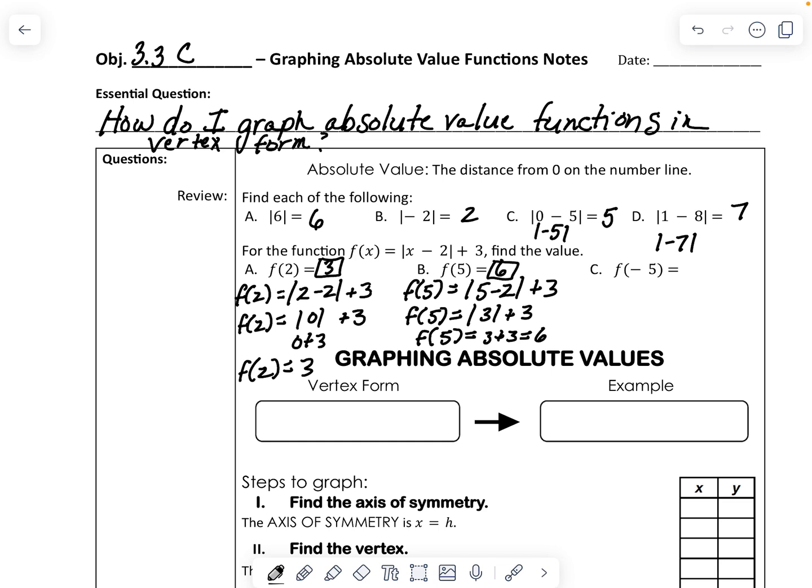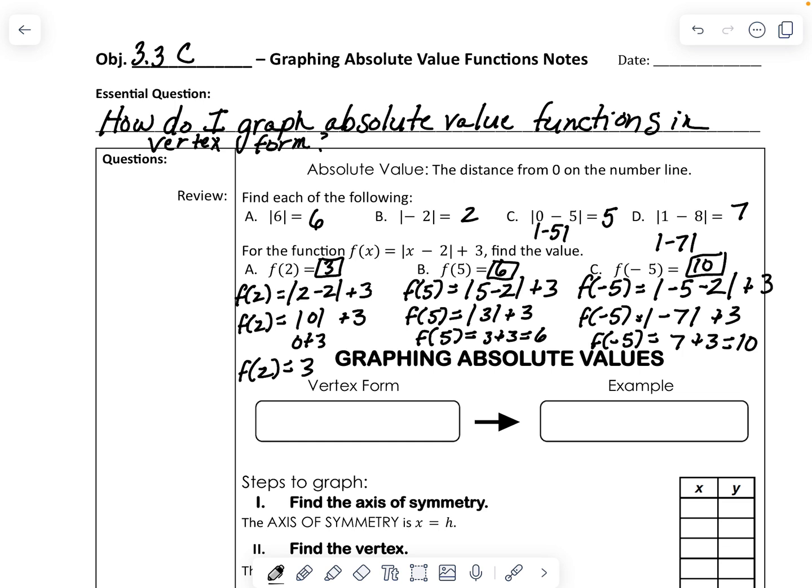All right, so how about f of -5? All right, so let's put our function rule here. So we're going to have -5 minus 2, absolute value, plus 3. So I'm going to get the absolute value of -7 plus 3. So f of -5 is going to equal 7 plus 3, which equals 10.